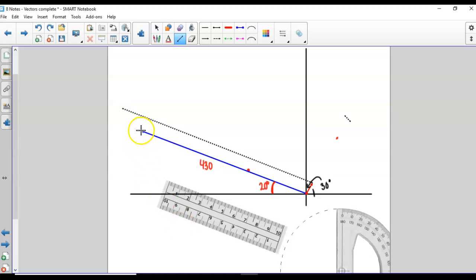And then you're going to start at the arrow here and make a line that's parallel to that red line, which is about like that, I think. Questions?